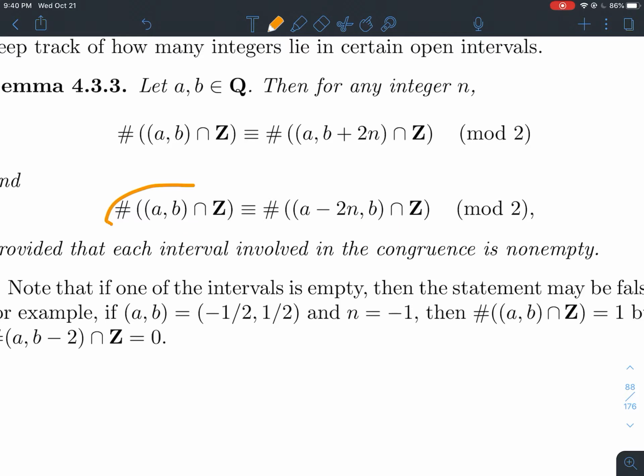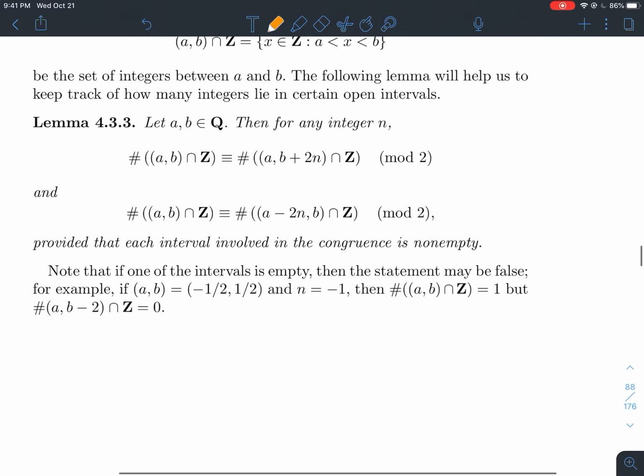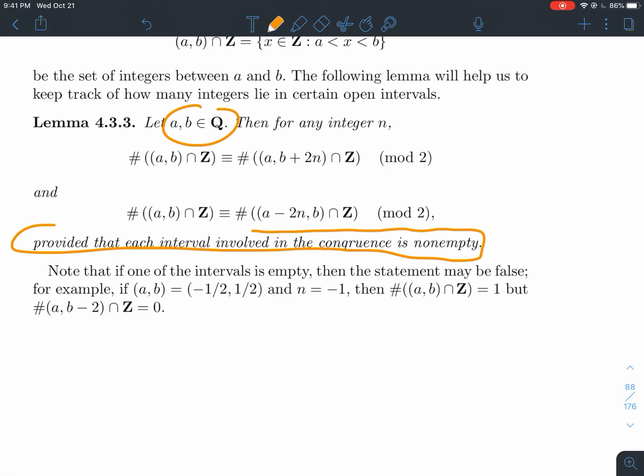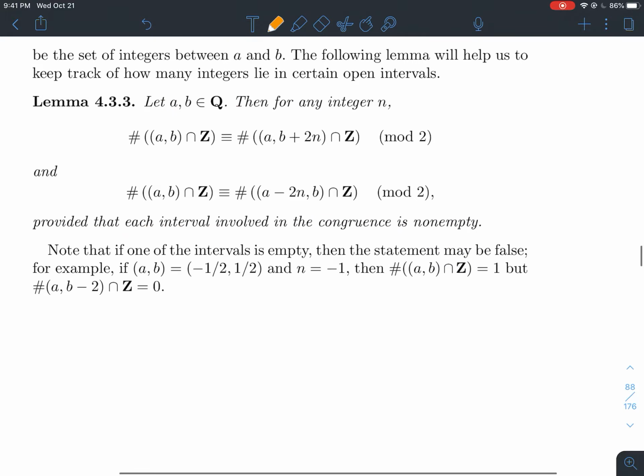Again, the parity of the cardinality of each of these sets is the same. If the left is even, then the right is even, and vice versa. If the left is odd, then the right is odd as well. So again, I'm not saying that each of these sets have the same number of elements. I'm just saying that both numbers are either even or odd. And all this is contingent upon the fact that you need to make sure you choose a and b far enough apart so that there are actually some integers between them. Otherwise, this lemma is not true.